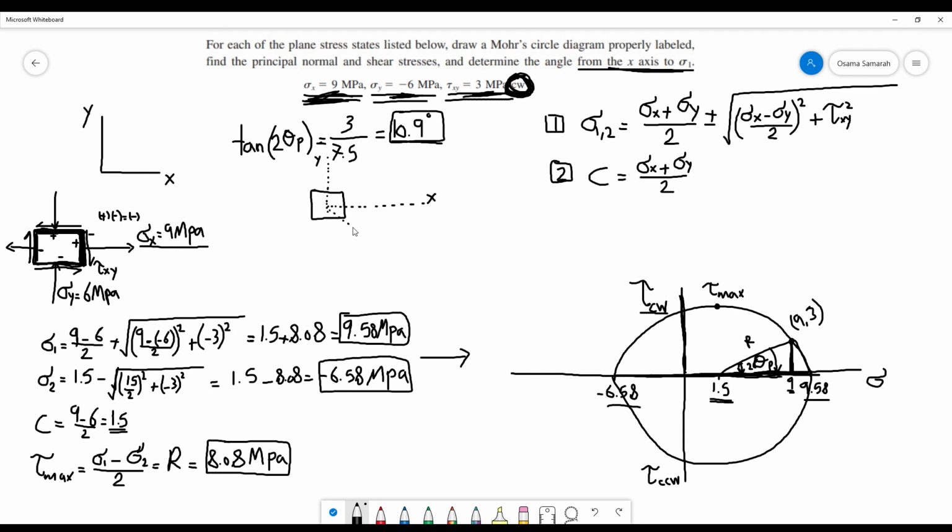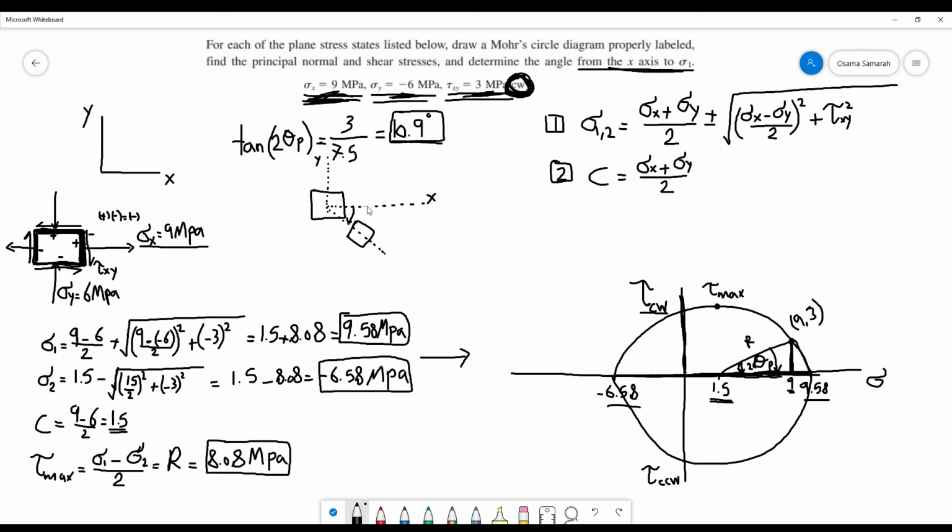So if you do this, this is our new stress element, which we rotated by 10.9 degrees. Let me show that more clearly.